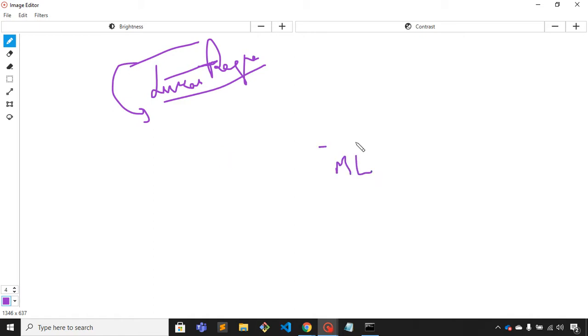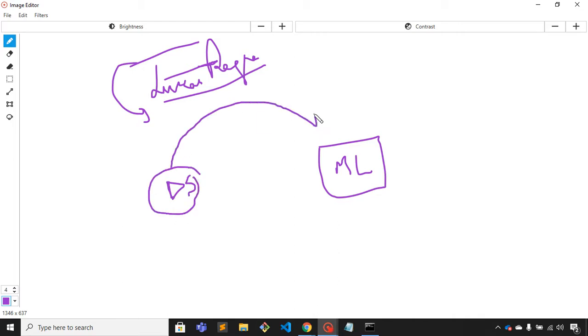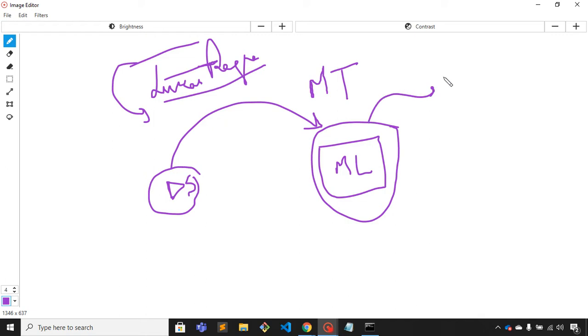So let's say this is your machine learning model, and we have one dataset here. We will pass this dataset to the machine learning model, and then we will train this model. This step is called model training, and after training this model, we will be able to predict the output.